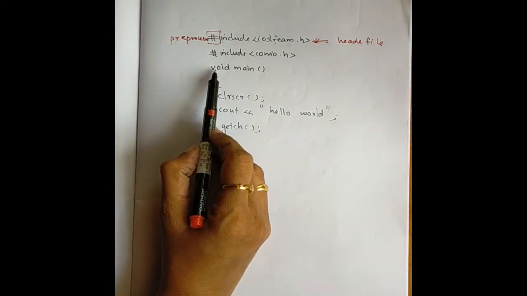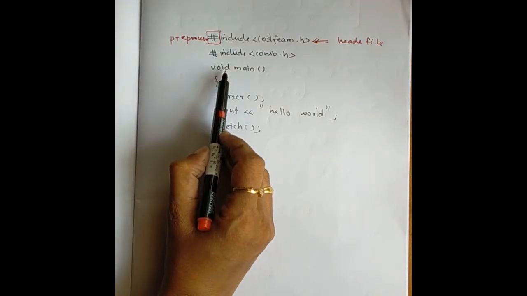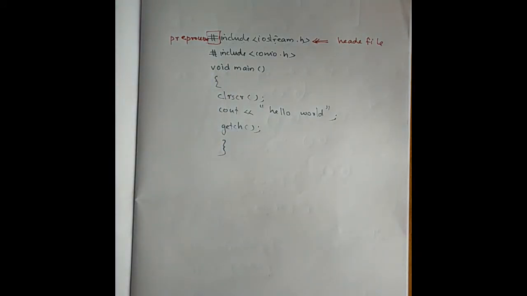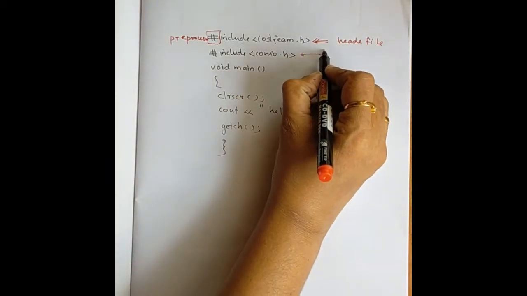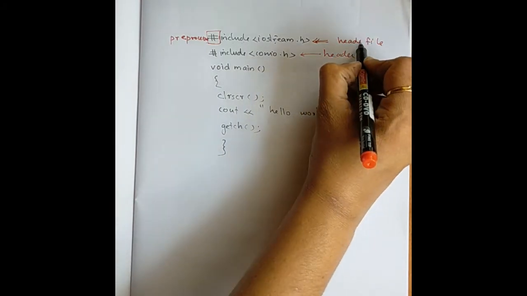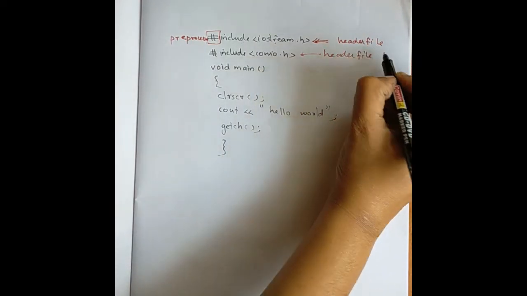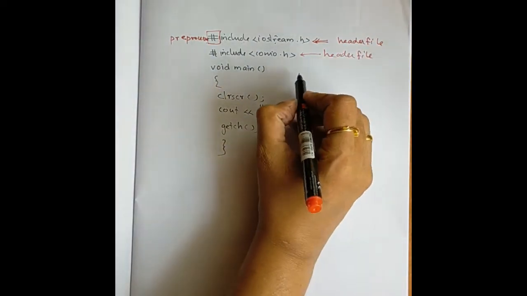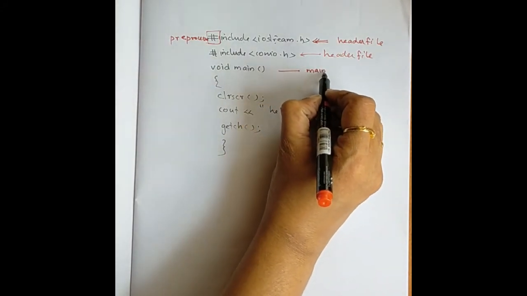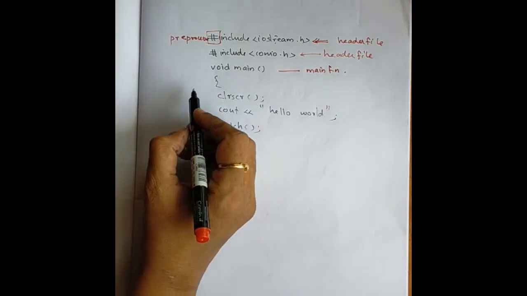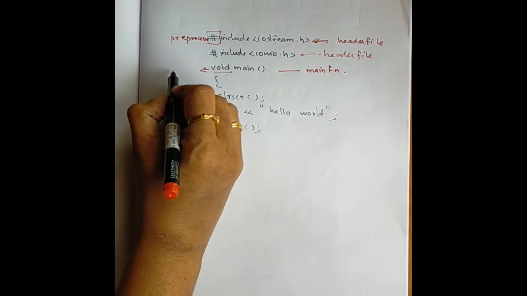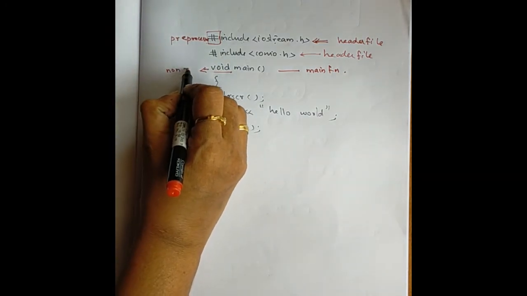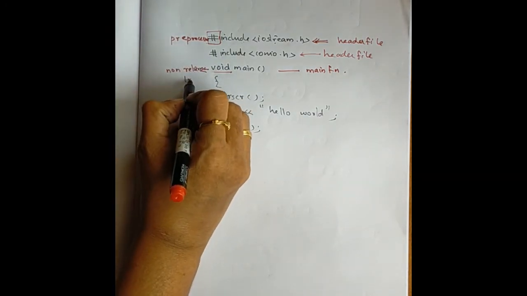And there is one more thing, that is void. It is a keyword. This is also a header file, and this is the main function. Here the void shows non-return type.